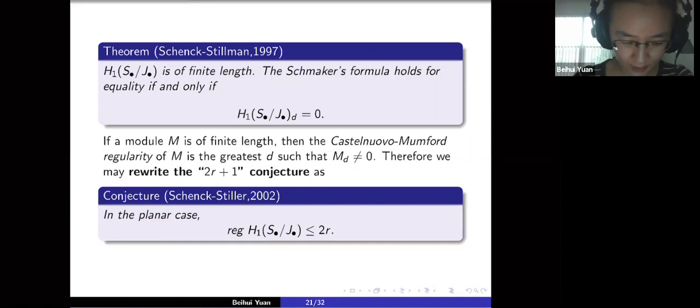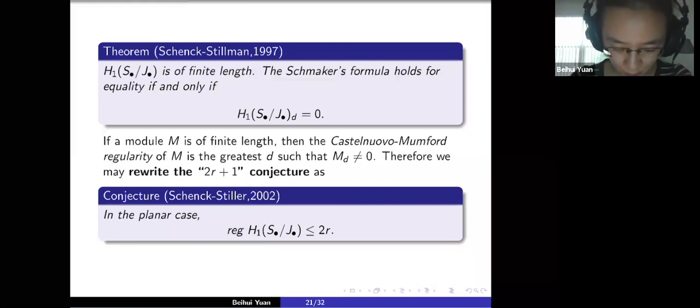And another good thing here is that the first homology of this quotient complex is of finite length. And Schumaker's formula holds with equality if and only if this vanishes at degree 0. So we know that if a module M is of finite length, then we can talk about the Castelnuovo-Mumford regularity of M, which is the greatest degree D such that M does not vanish, right?